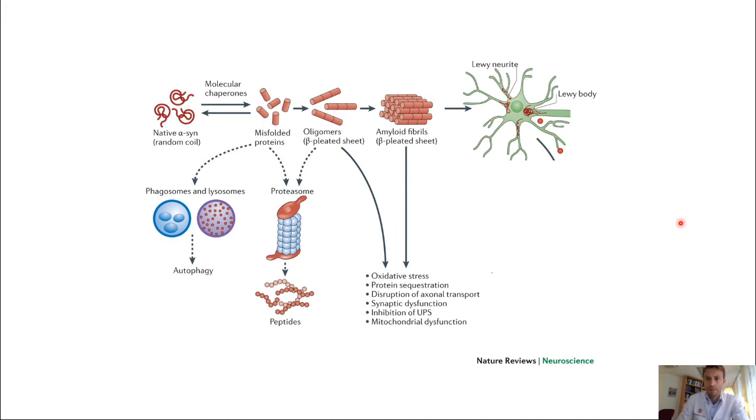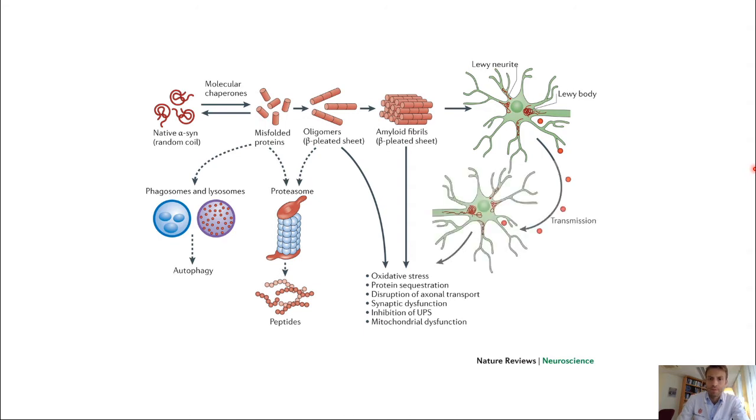Here you see a picture in which you see the different fibrils cluttering in the axon and in the dendrites near the cell core, causing cellular dysfunction. And this is not limited to within the cell.